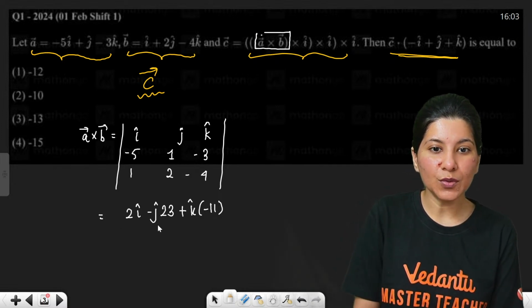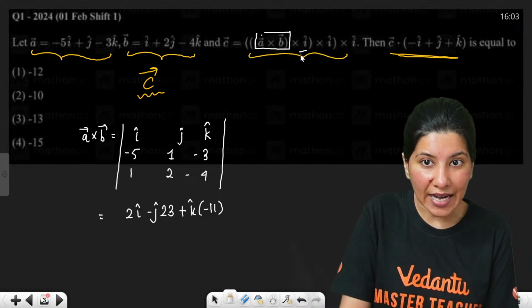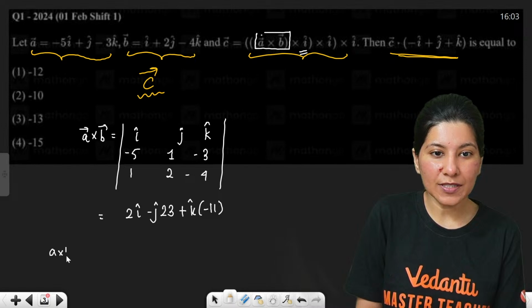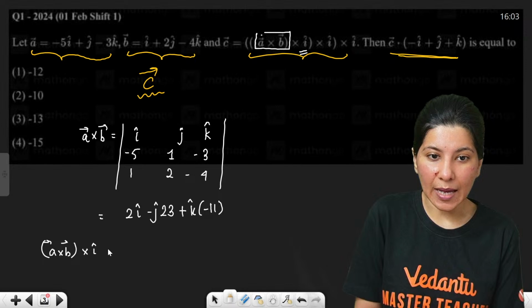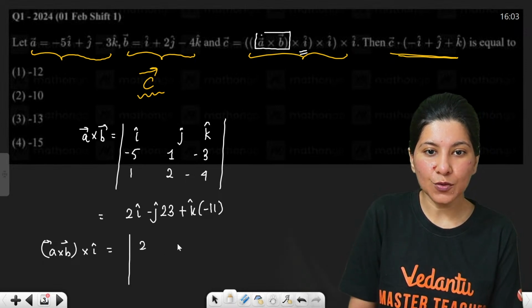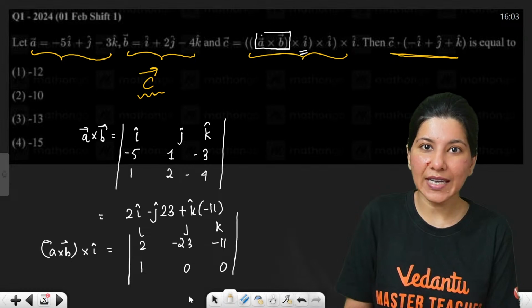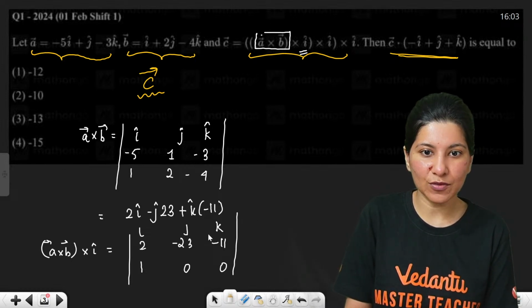Now what we need to do is cross this with I cap thrice. So basically A cross B vector cross I cap will be what? Tell me. 2, minus 23, minus 11 with I cap, J cap, K cap, and this is going to become I cap, which is 1, 0, 0. Again the same determinant you have to follow.